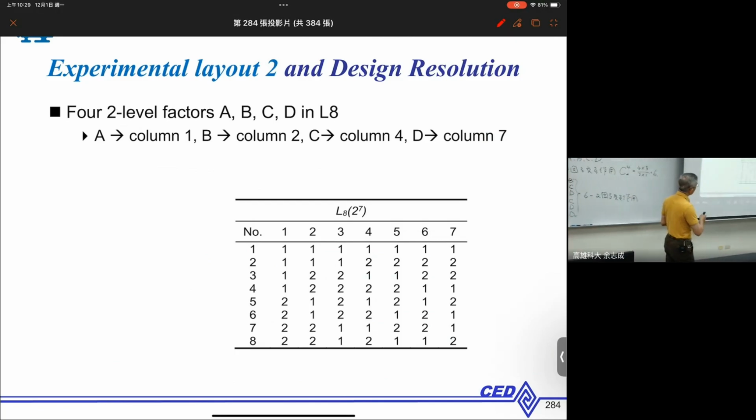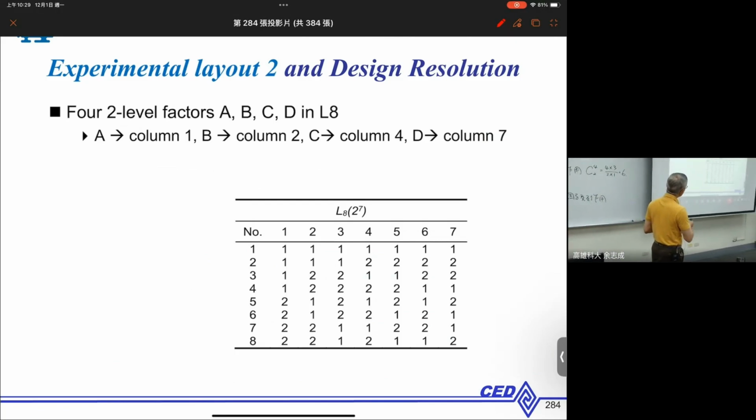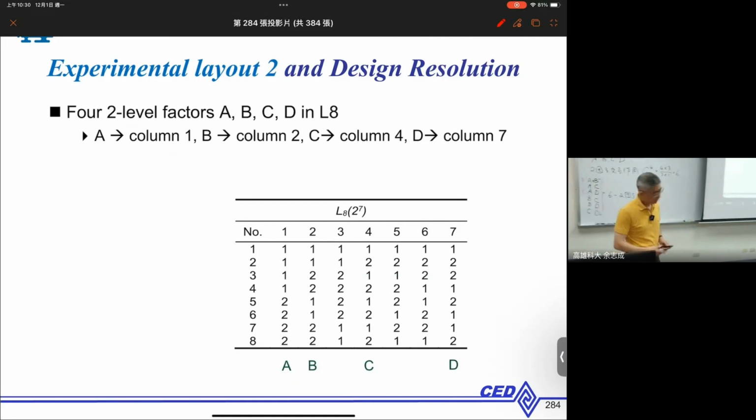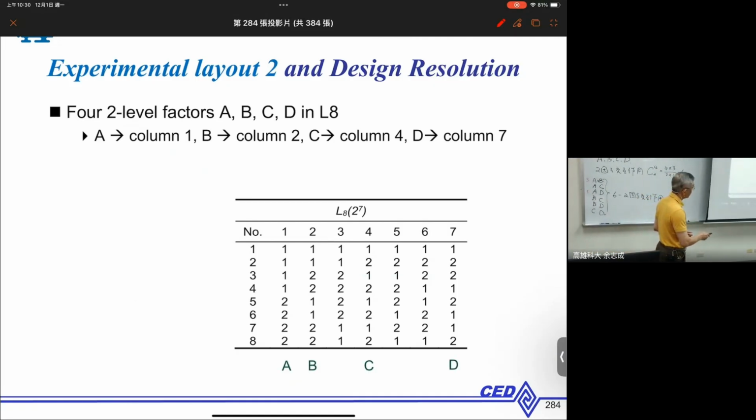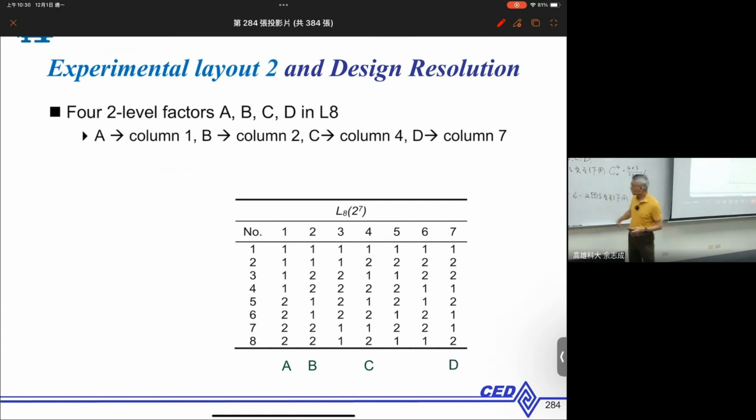Resolution 3. How about this one? This is another layout. Again, we still have 4 control factors, but this time we arrange them in different columns: 1, 2, 4, and 7. So we put A, B, C, D here. A different arrangement will have a different confounding structure. We can do the same thing.